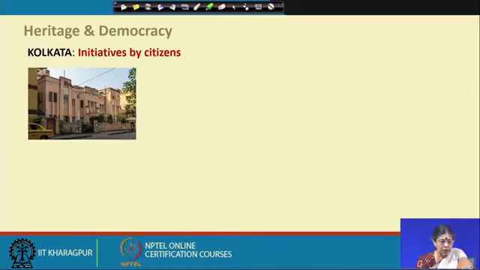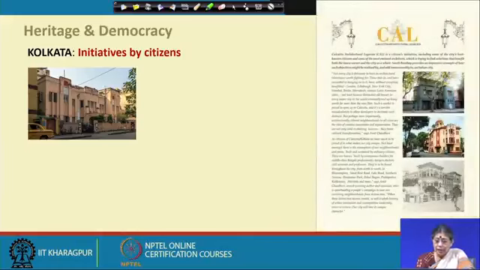These are the parts of South Calcutta which have Art Deco buildings. It has its own character, and CAL, the Calcutta Architecture Legacies, was started by some important personalities from various backgrounds. They are spearheading a movement to save not monuments, but the existing architectural patrimony, which has a very distinctive character and is part of the history of Calcutta.